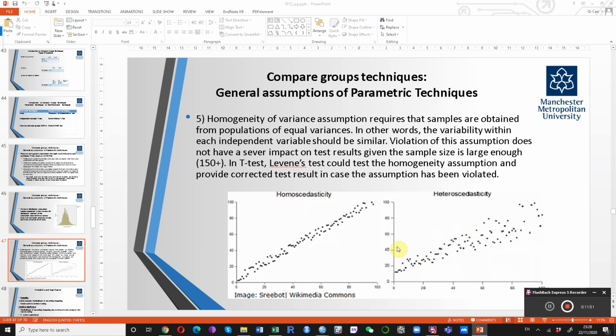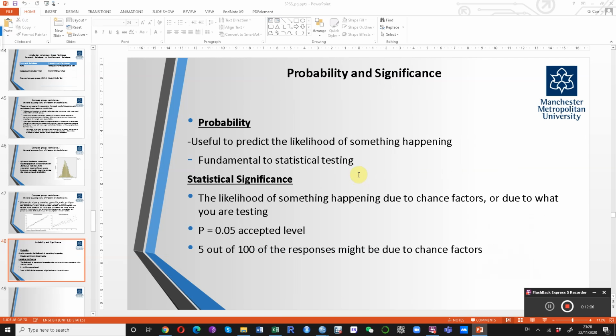But again, in the majority of cases, if you have a decent sample size, then this assumption could be relaxed. Okay, last bit before we actually look at how to do each of those tests: familiarize yourself with the terms and notions that I've used.